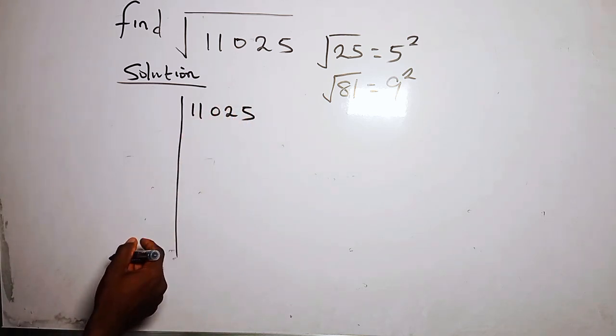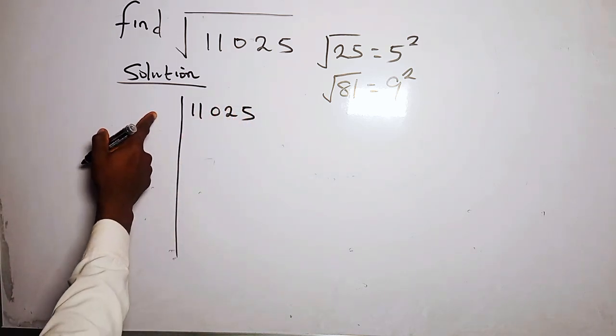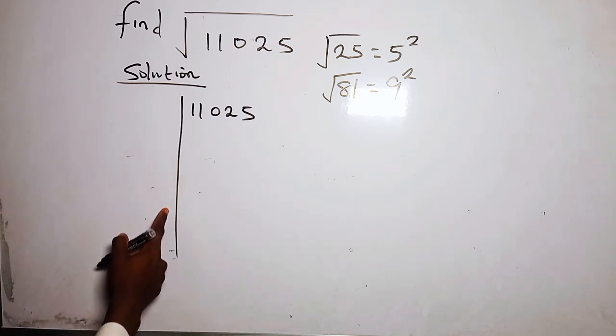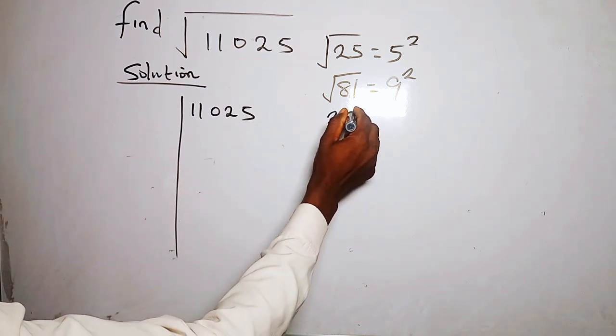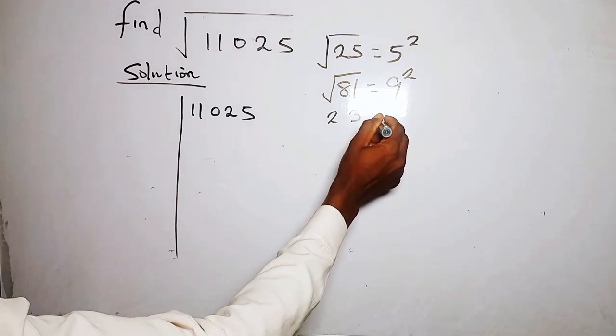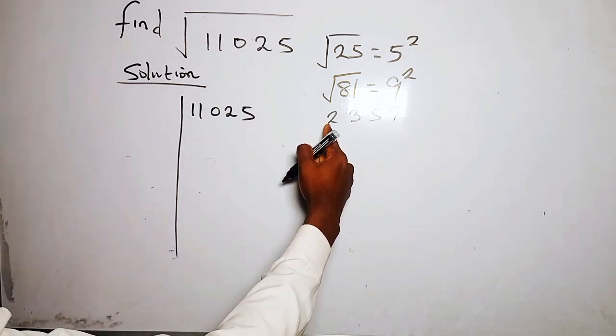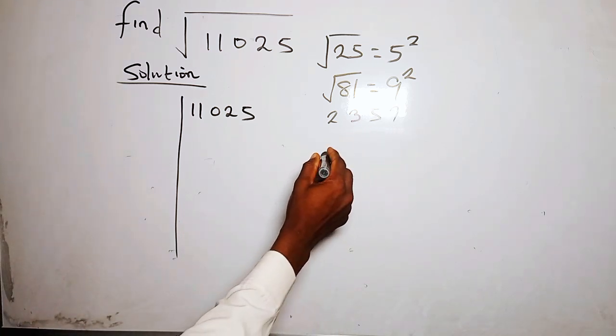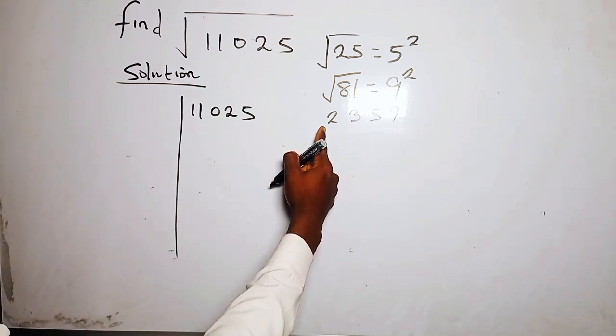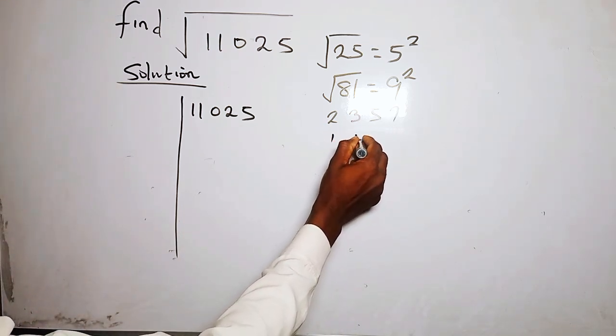So we have 11,025. We can start using prime numbers to work with. And what are the prime numbers? We have 2, 3, 5, 7. All these numbers are prime numbers. Why? Because they have two factors, 1 and itself.